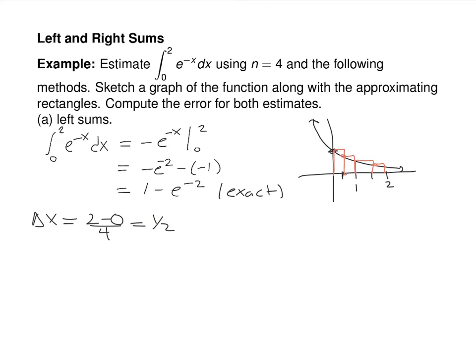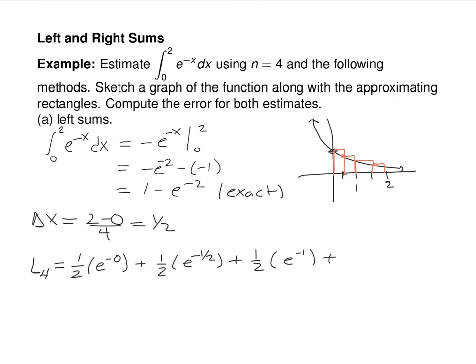So the way you notate this is you say L for left sum, subscript 4, meaning 4 pieces. And the first box, the base is 1/2. The height is e to the negative 0. The next box, its base is 1/2. Its height is e to the negative 1/2. The next one also base 1/2, height e to the negative 1.